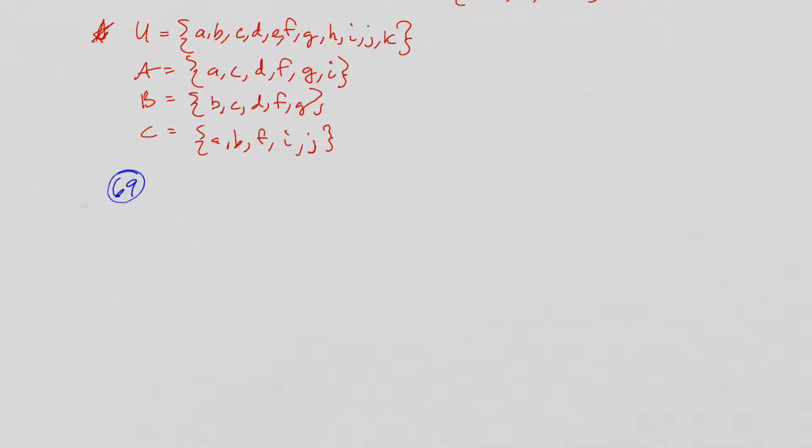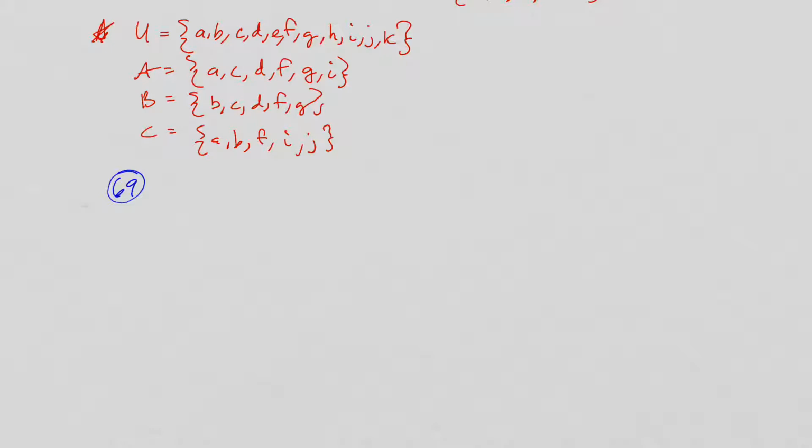All right, so number 69, here's all the information. Universal set A through K, and then we have set A, B, and C with various elements in there. Those are all subsets of the U.